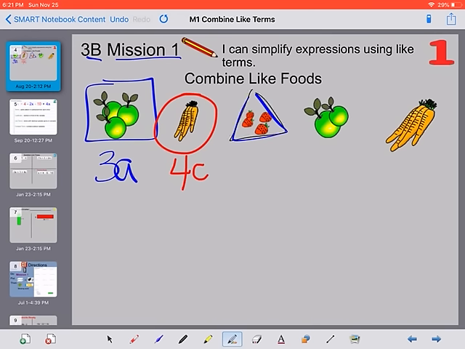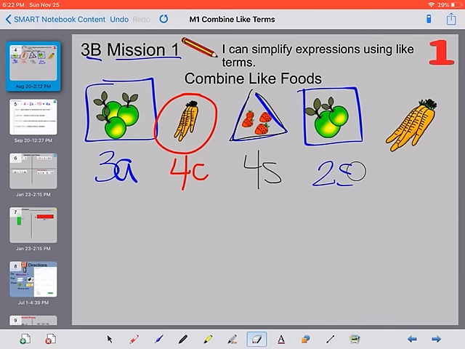I'm going to use the letter S, so we have 4 strawberries. Again, we have apples, so I have 2 apples. So I'm going to represent that by 2A for apple. And then last, again, we have carrots, so 4C, 4 carrots.